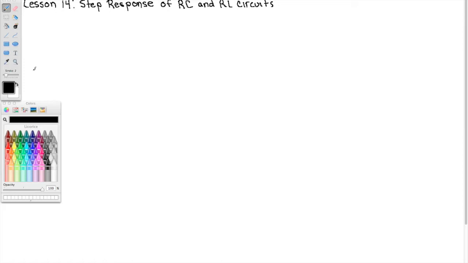So first of all, I just want to cover what this part of the title means, the step response, the step in particular. A function that you have not seen in your math classes is called the unit step function.